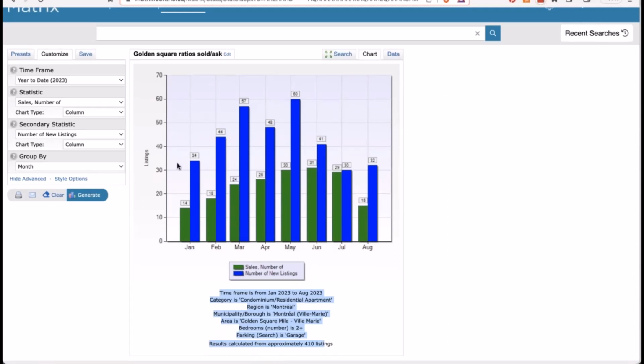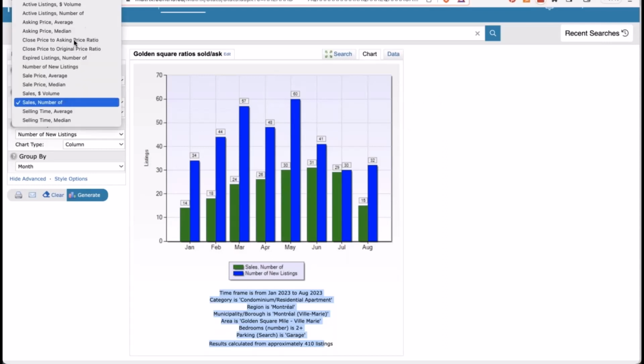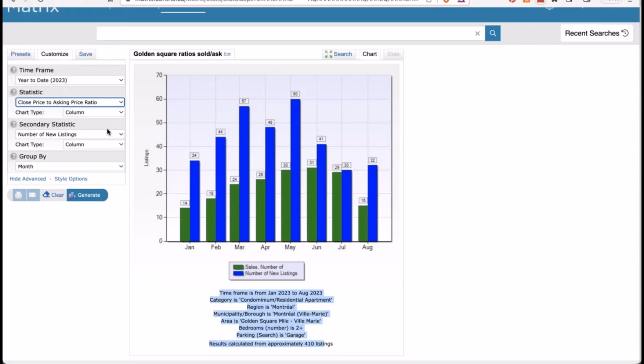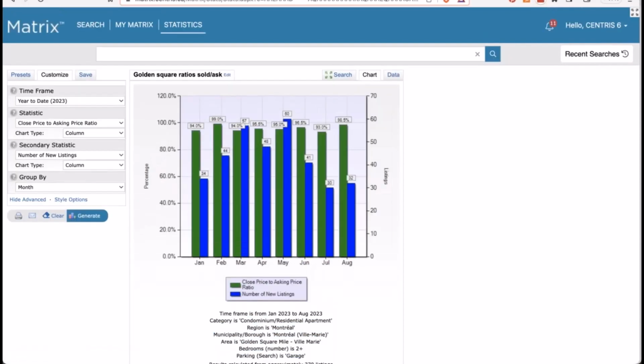Now somebody's asking me, how am I showing the percentage at the top of the columns? So I have two answers for that, Tamara. So either using the ratios here, that will give you the percentages. There you go. Second answer to your question is in the style options, you display values.